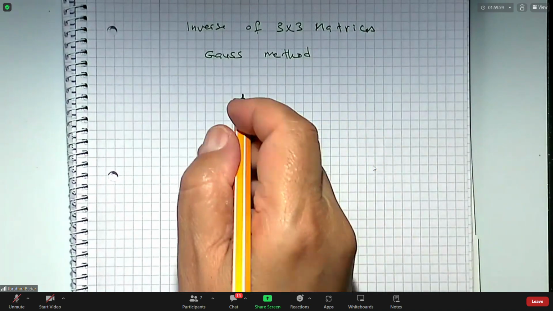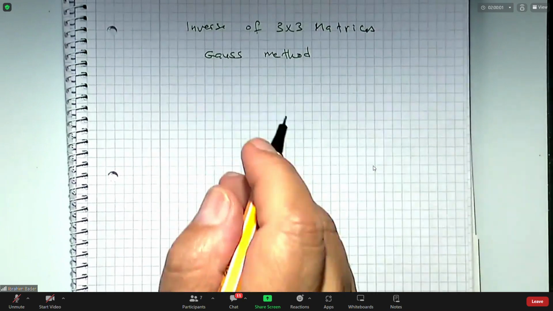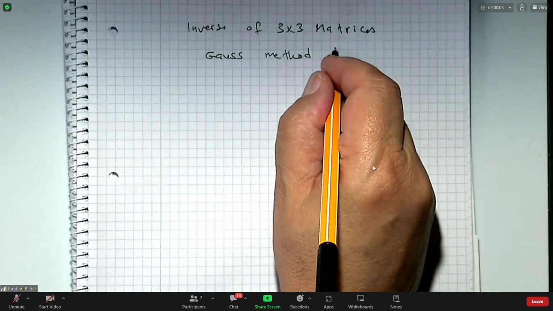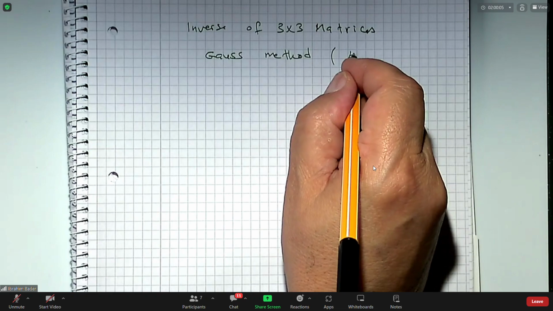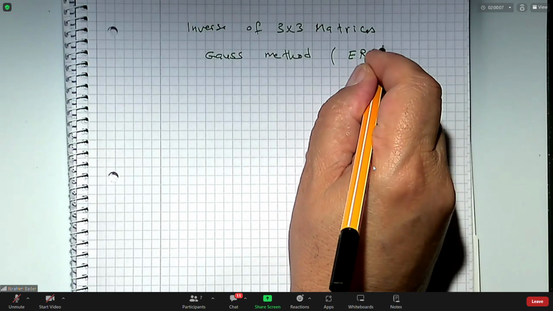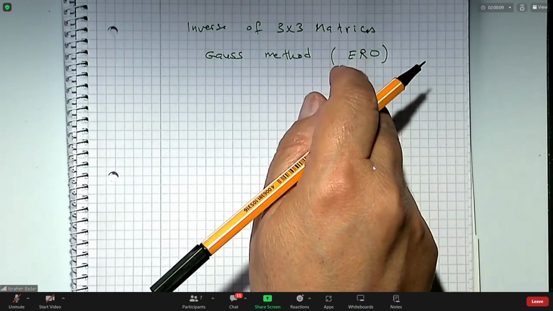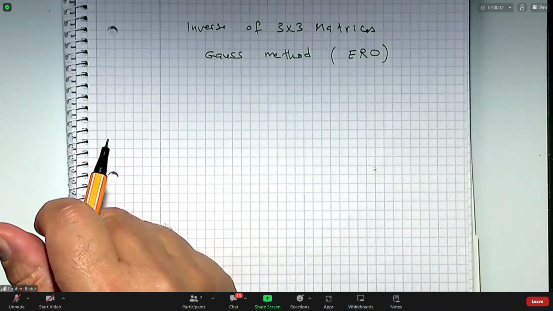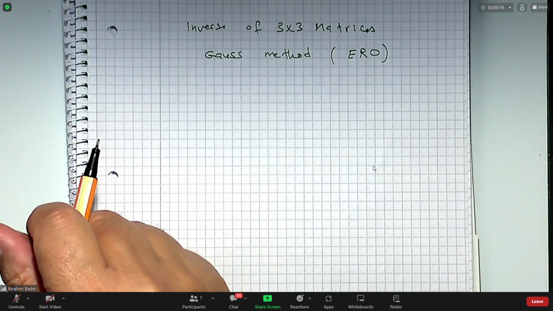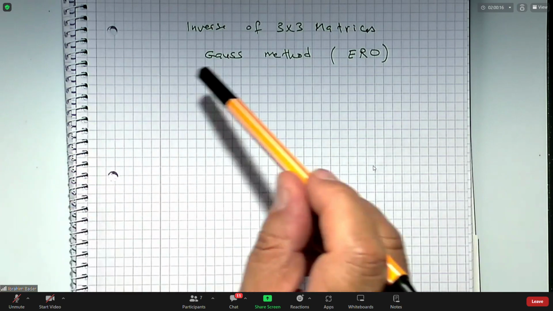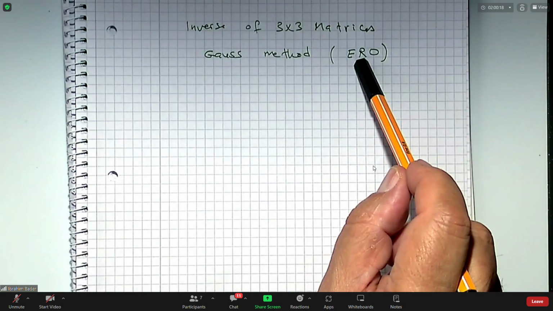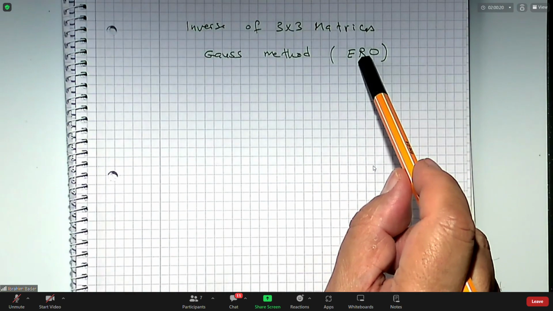So now remember the Gauss method, and Gauss method means using the elementary row operations. Remember these three operations on rows that we used in getting a system in echelon or reduced echelon form. You can multiply or divide by any non-zero number.